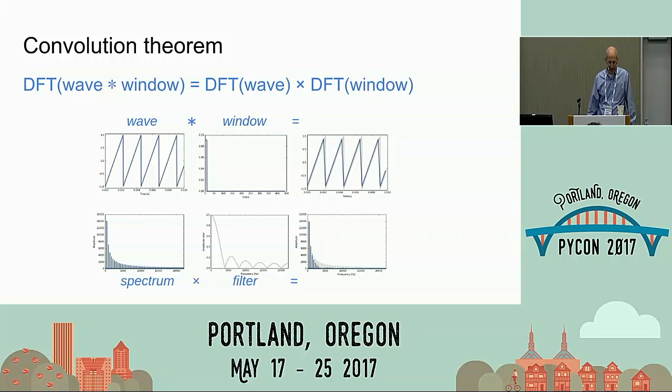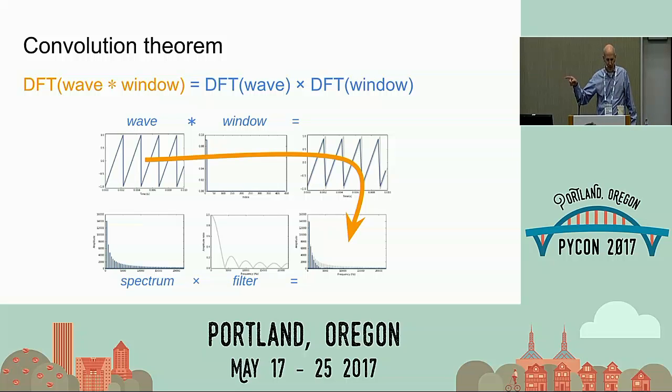This says that if you want to compute the DFT of a wave convolved with a window, you can do that by computing the DFT of the wave and the DFT of the window and multiplying them together. Graphically, here's one way to think about that. The left-hand side of this equation corresponds to the orange arrow.